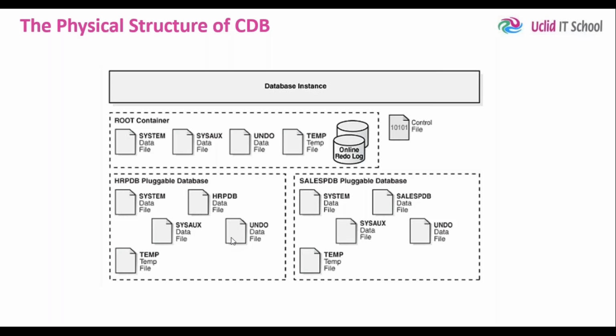Suppose a PDB administrator typically manages one particular PDB, like creating additional tablespaces in that PDB, creating local users, creating local tables, managing the local privileges, and all that. So that way, you can have two different roles, CDB administrator role and PDB administrator role.